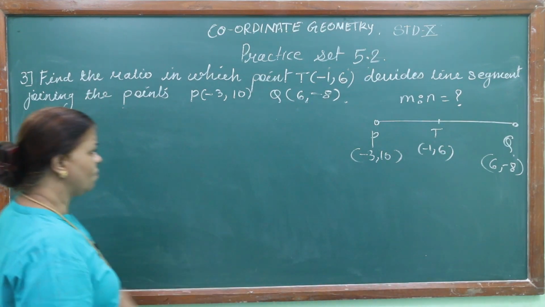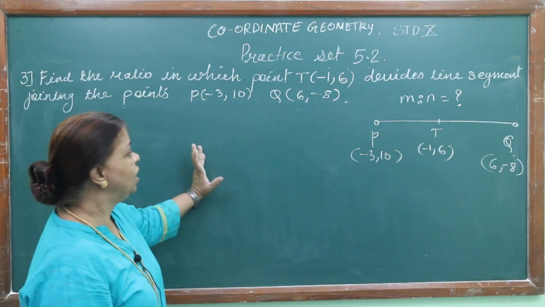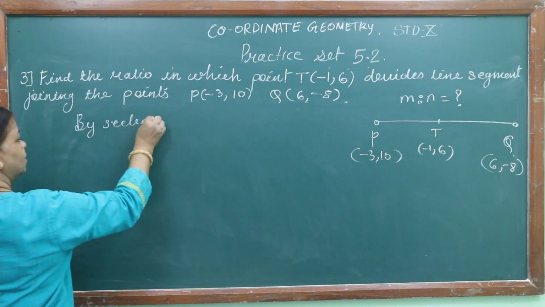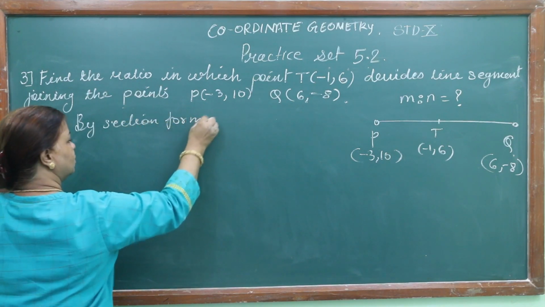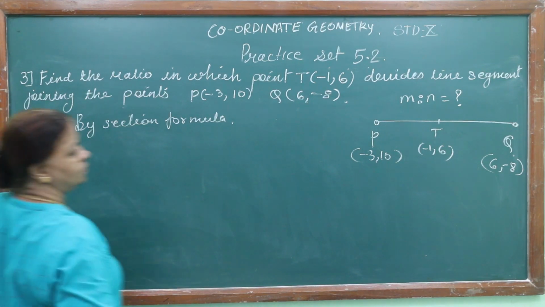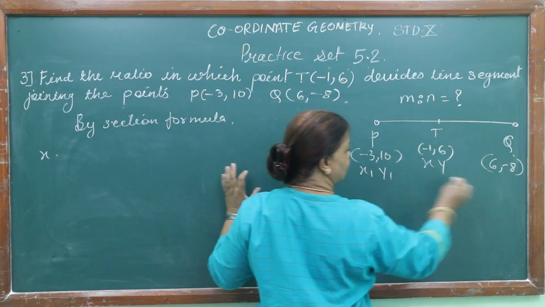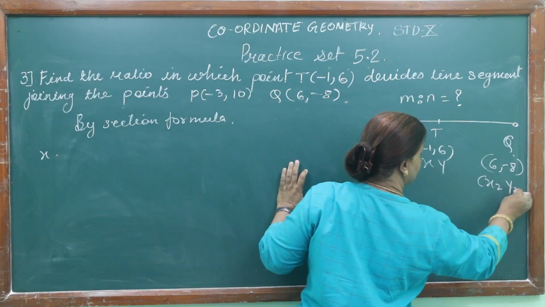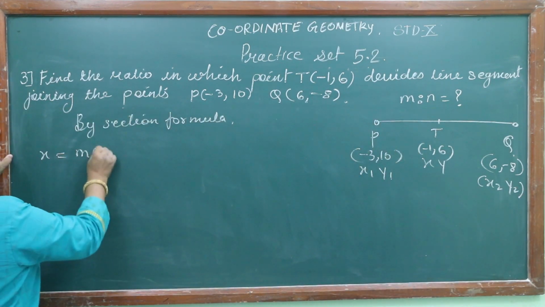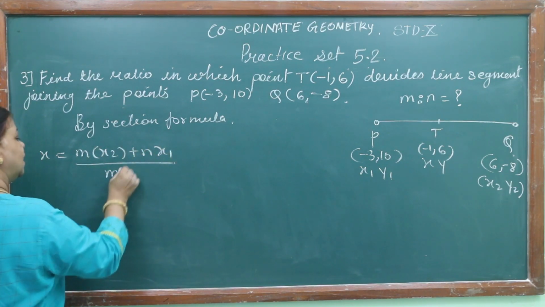Fine. If point T is dividing the line segment in a ratio, then we need to use the section formula. So by section formula, children, let us take this as x, y; this is x1, y1, this is x2, y2. So x is equal to m x2 plus n x1 upon m plus n.